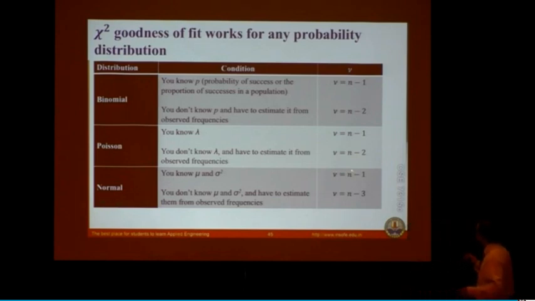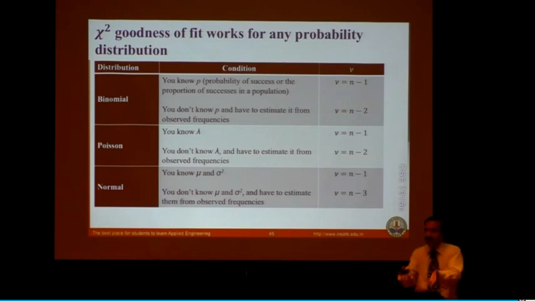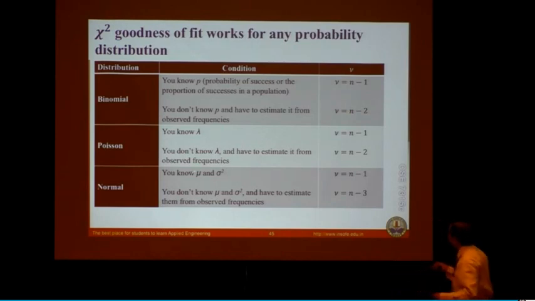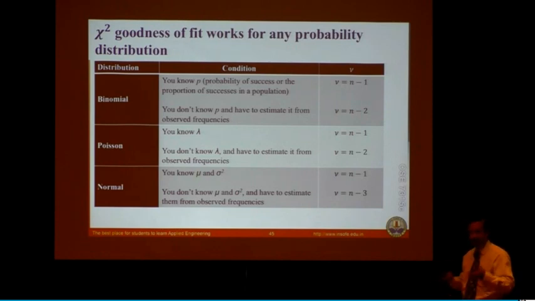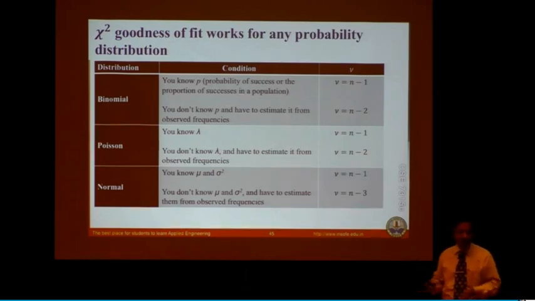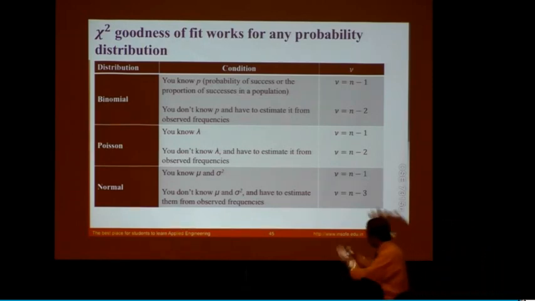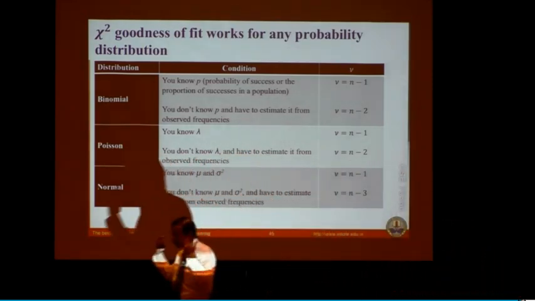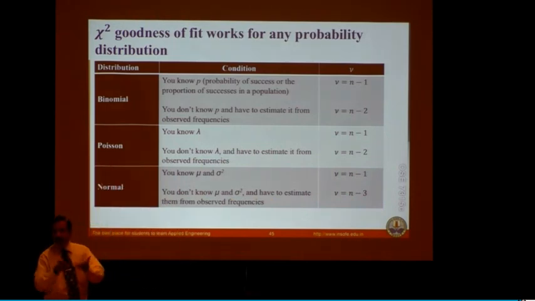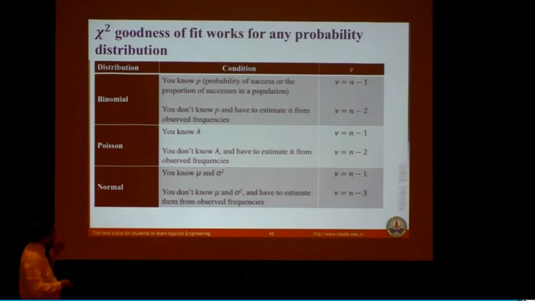If I know both of them, n minus 1. If I have to estimate both using my sample data, I lose 2 degrees of freedom. I get my x bar and s squared as estimates, and I lose 2 more degrees of freedom, so n minus 3. If I know one and I don't know the other, I lose 1 degree of freedom, depending on what I know and what I don't know.